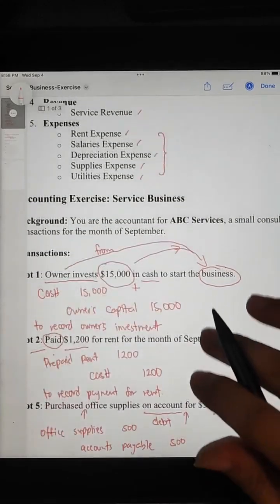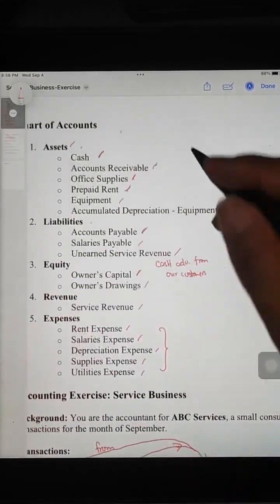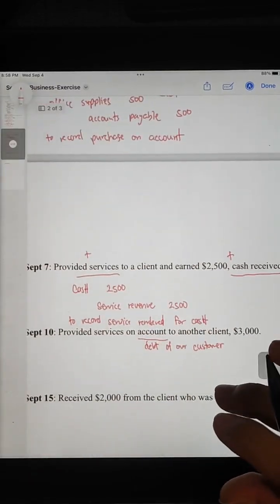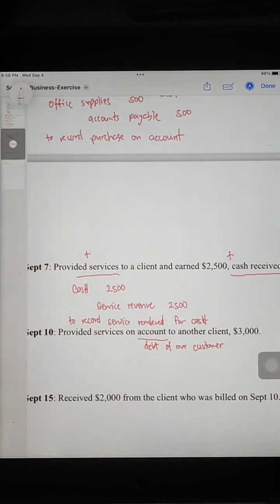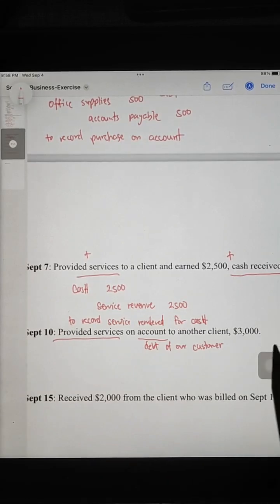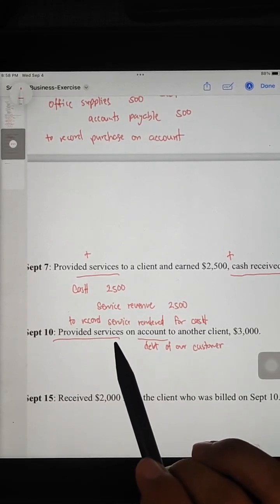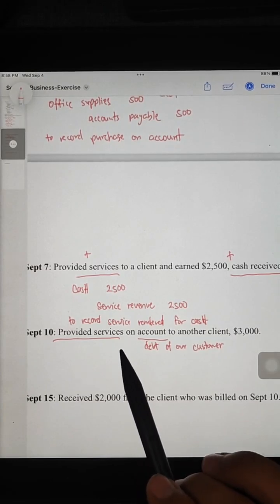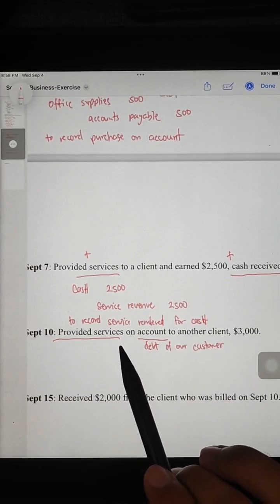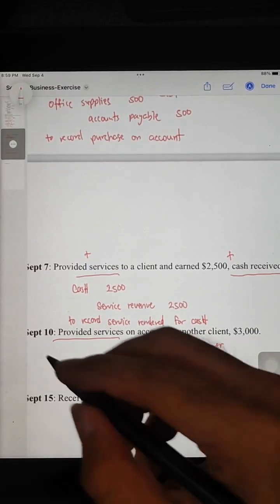So, the account that will be used for that is what we call accounts receivable. So, accounts receivable is also an asset and then nadagdagan yung collectible natin. Therefore, it demands a debit. And why do we have an asset like that? It's because of the service that we have rendered. Again, service rendered or service revenue is a revenue account. And since nadagdagan siya because we provided service for this transaction, it will be credited.